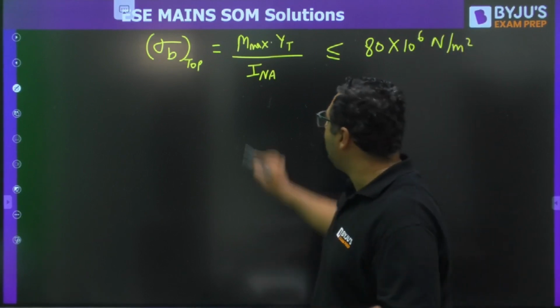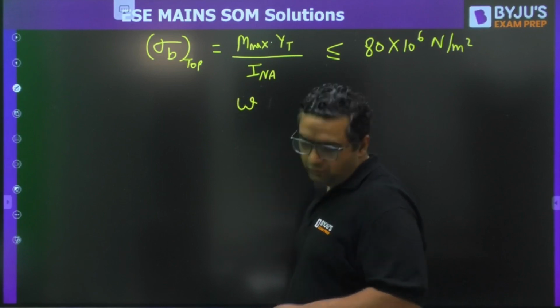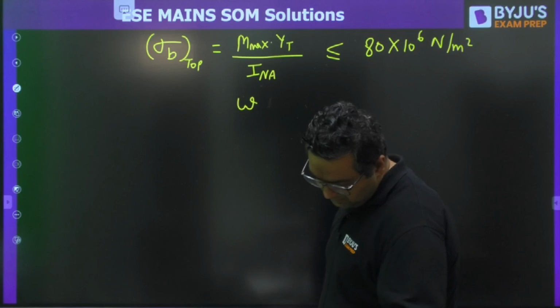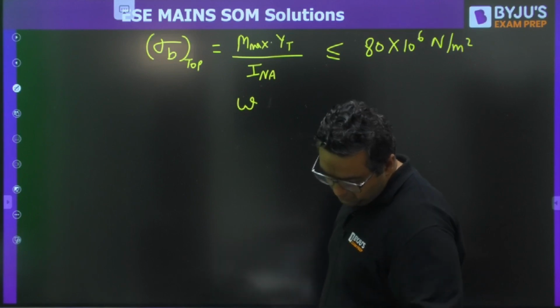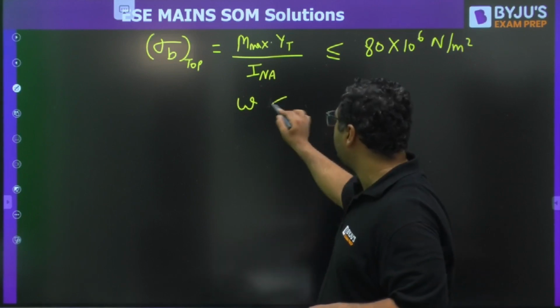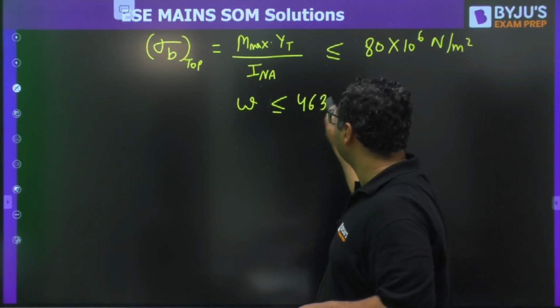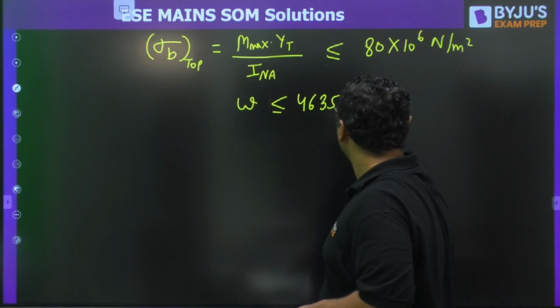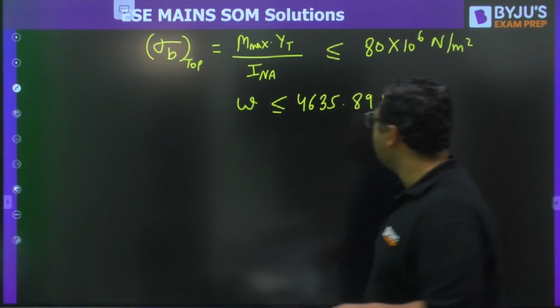So you will put the value and that will limit the W value, as per my calculation, to around 4635 Newton meter.